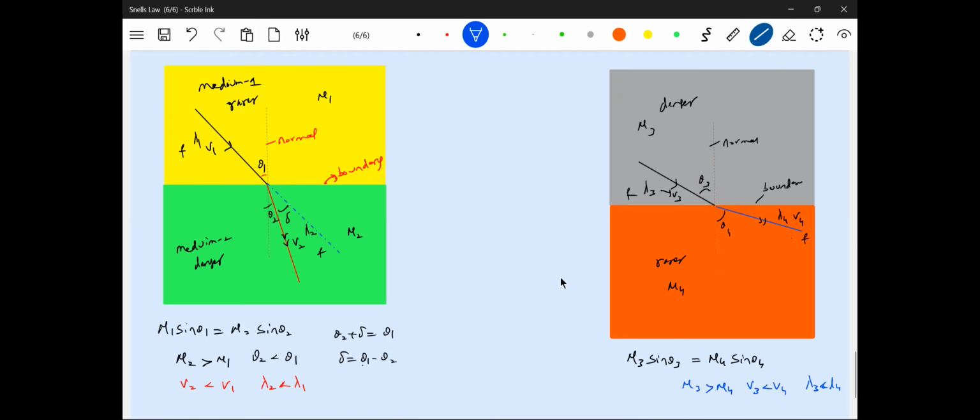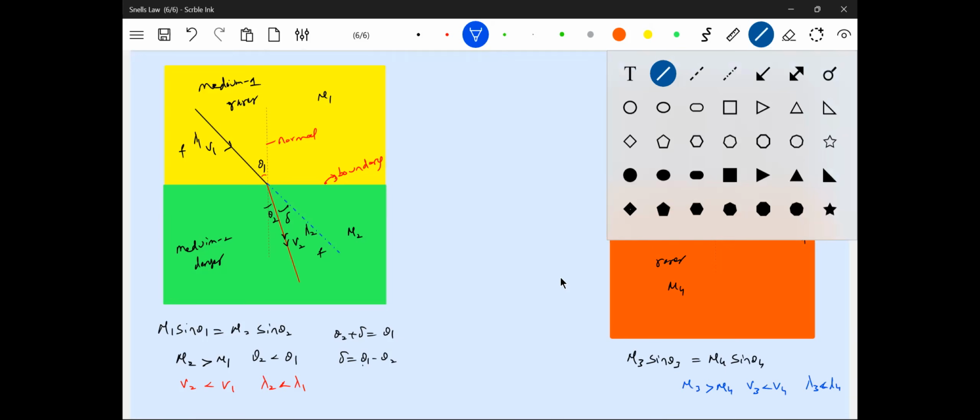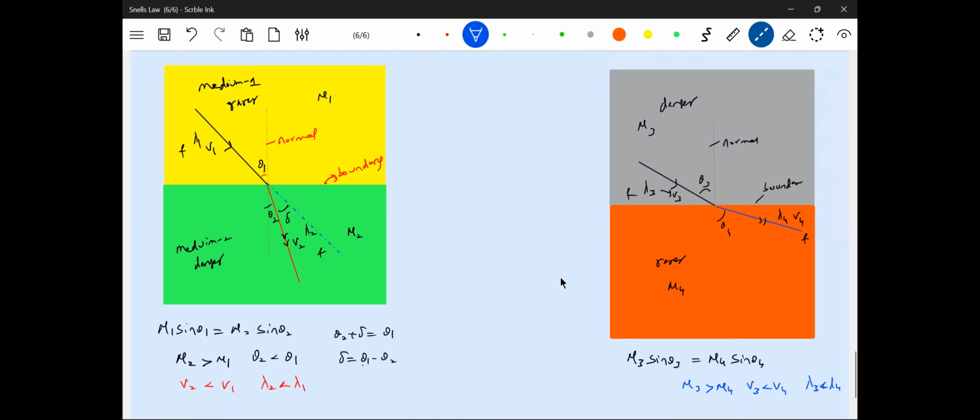Then we'll go for the deviation suffered by the ray. What is the deviation here? The deviation should be equal to theta 4 minus theta 3.